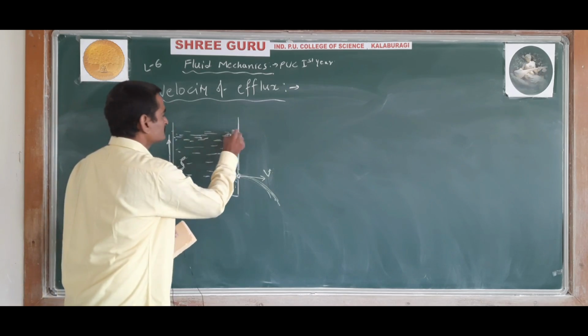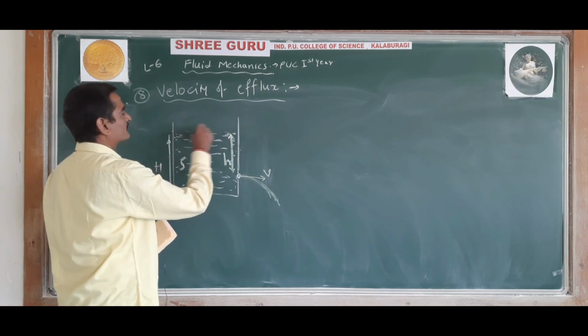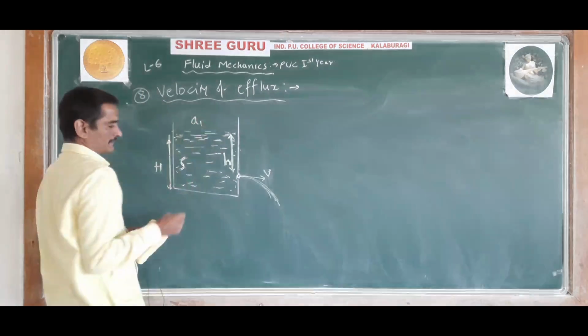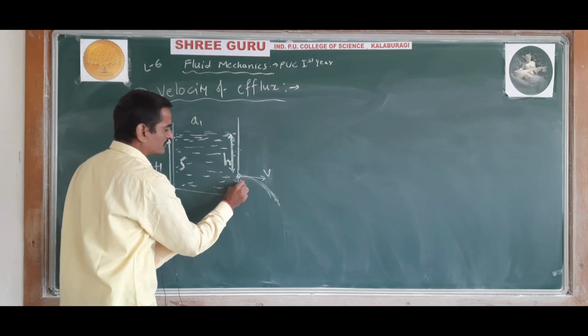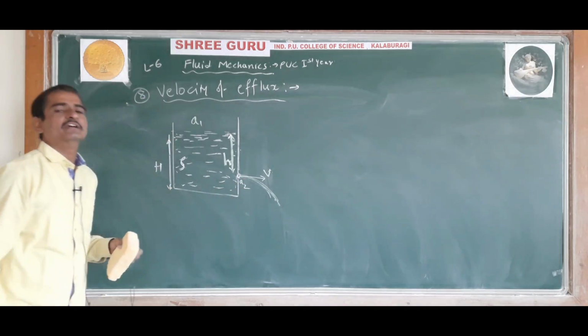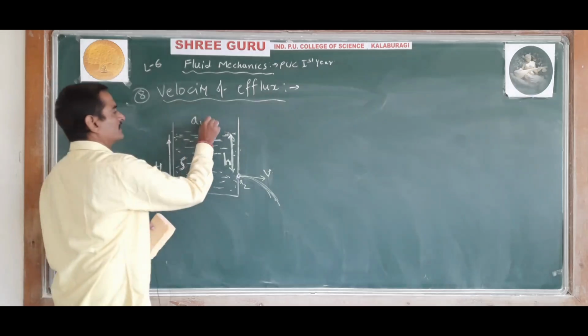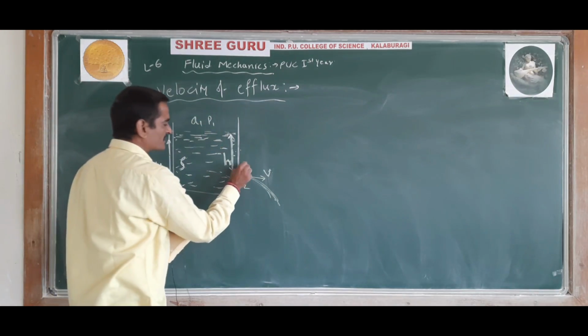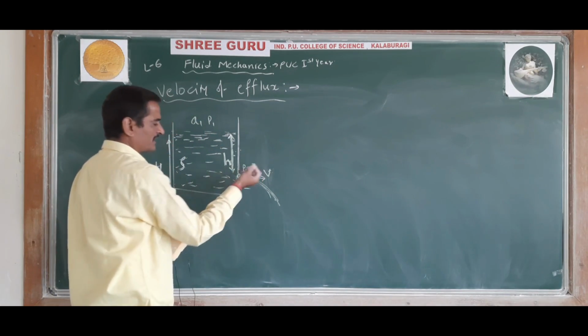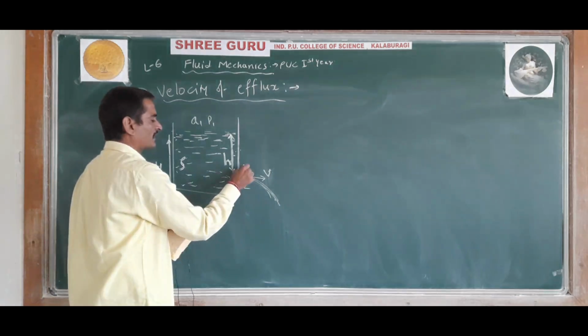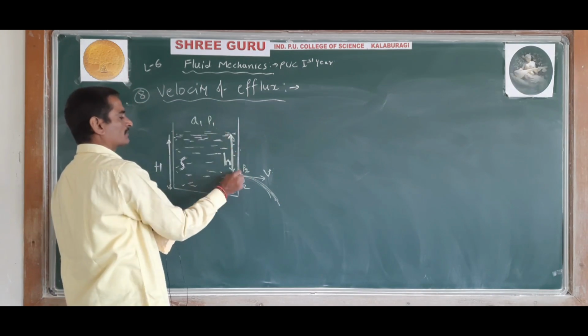So now here the cross sectional area of this container, take it as A1, and the cross sectional area of this small hole, take it as A2. Pressure here is P0, and pressure here is also P0, because both are exposed to atmosphere.